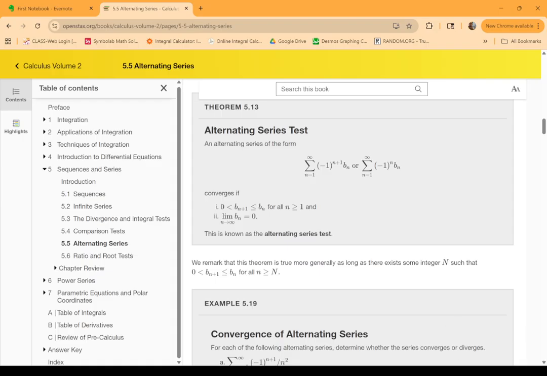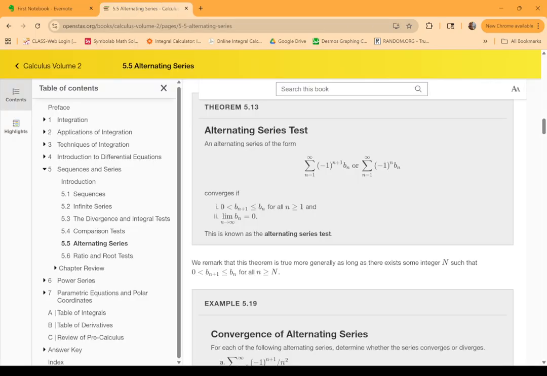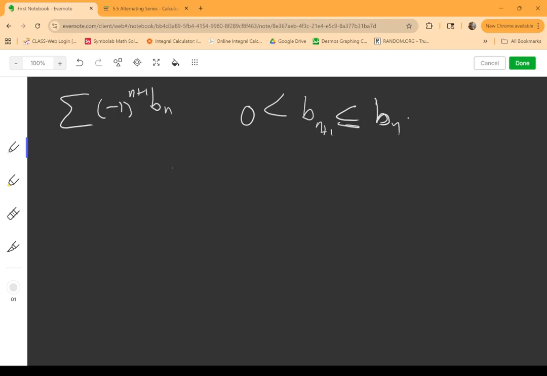Now the idea for this alternating series test and why it works. If we think of the sums here, b sub n is greater than 0, and it's also decreasing, strictly less than, bigger than 0, less than or equal to b sub n.